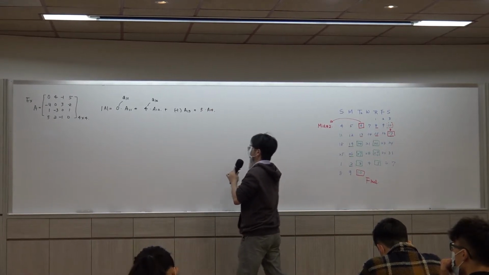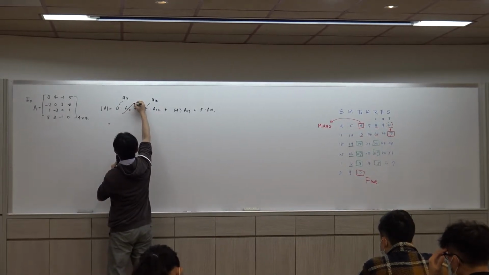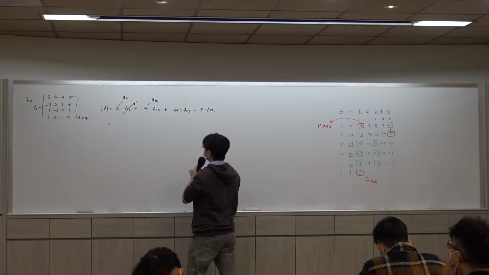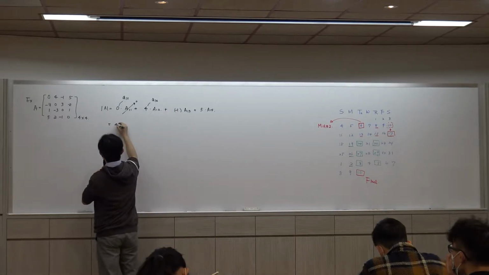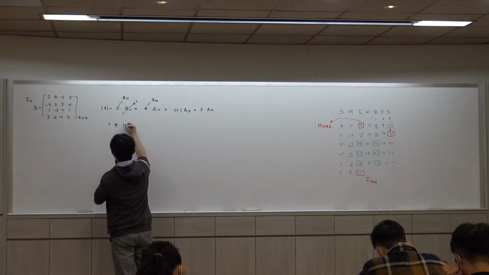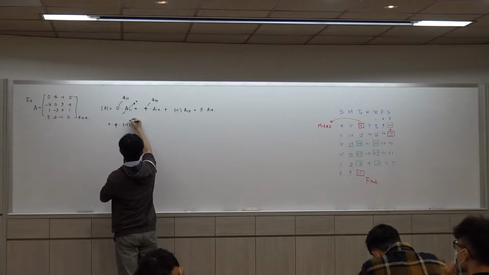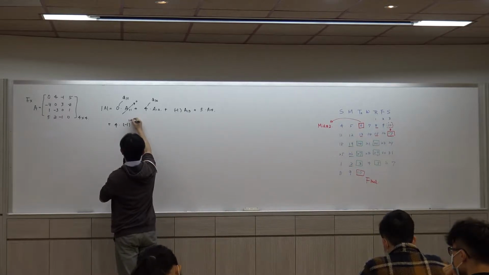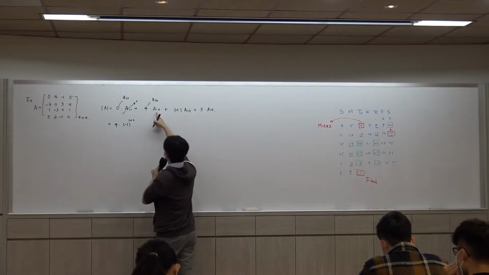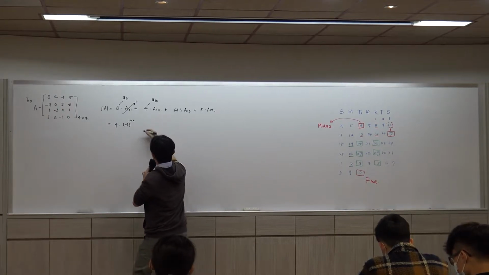Okay. So this one will be cancelled because the term is 0. So A12 equals the cofactor term, (-1) to the exponent 1 plus 2, where 1 is the row number and 2 is the column number.